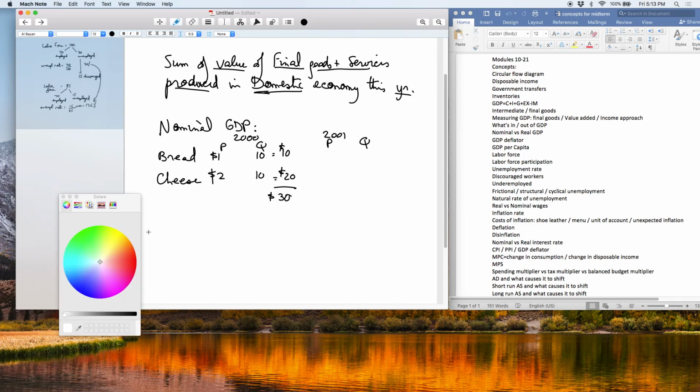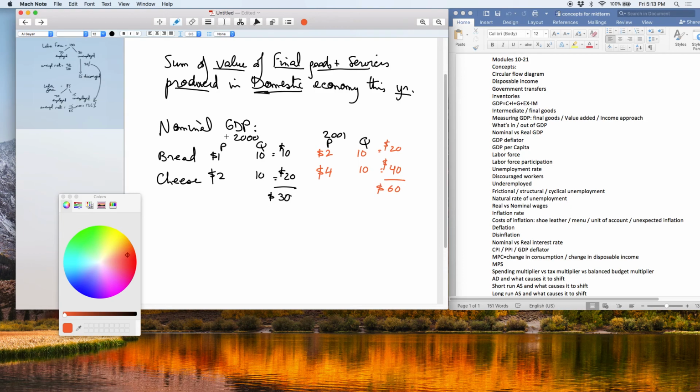Okay, let's switch to another color. In 2001, bread became $2 and cheese became $4, but you produced the same amount. So what would be the nominal GDP in 2001? It would be $20 worth of bread, $40 worth of cheese, which would indicate $60.